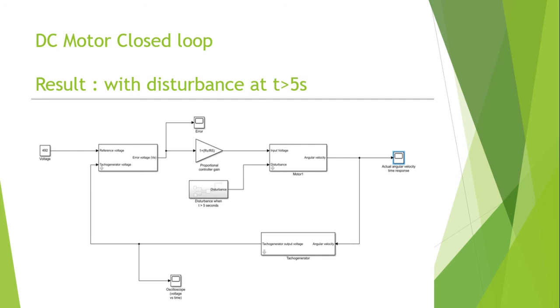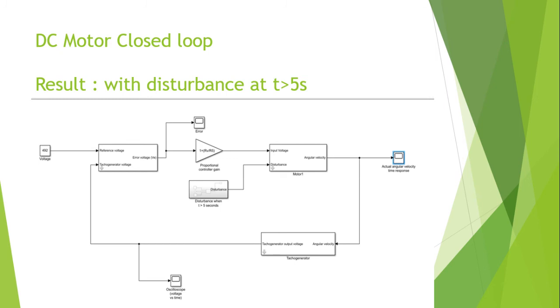We also use a closed loop controller that we designed, and we impose the same disturbance at time more than 5 seconds. We are using the calculated proportional gain Kp and other resistance values required in the summing junction.